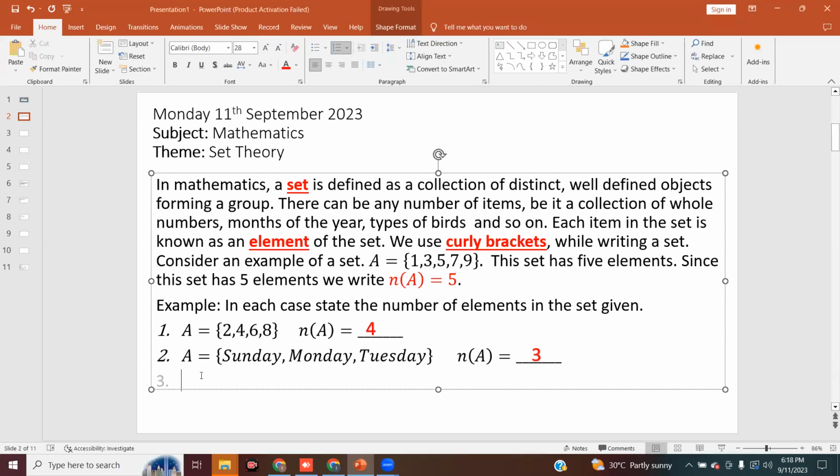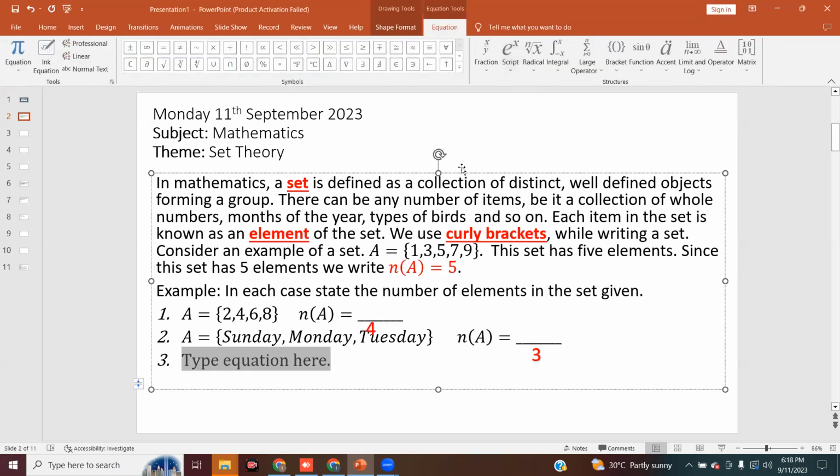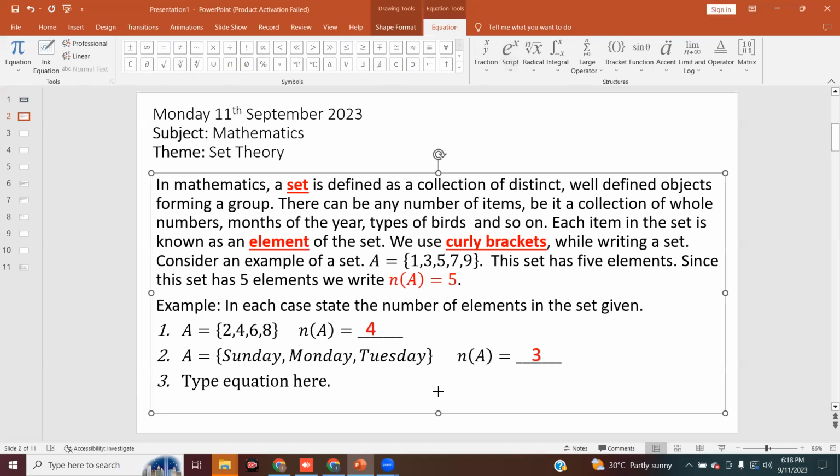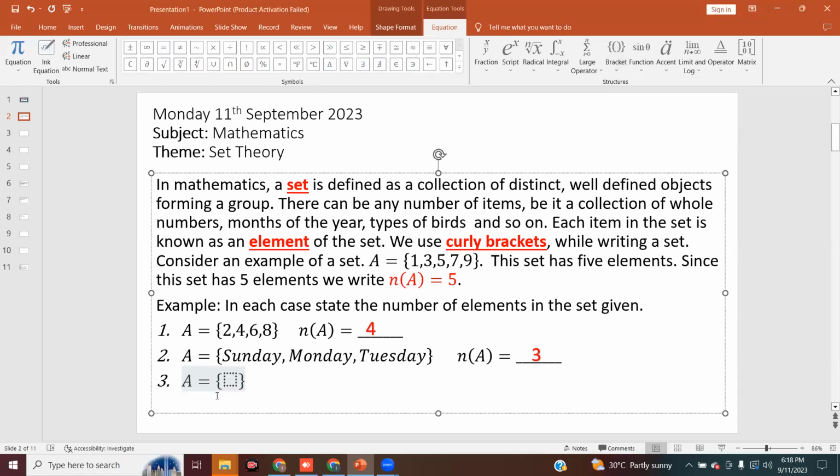Okay, so let's say we have set A, and set A has the elements 101, 201, 301, 401, 501, and 601.